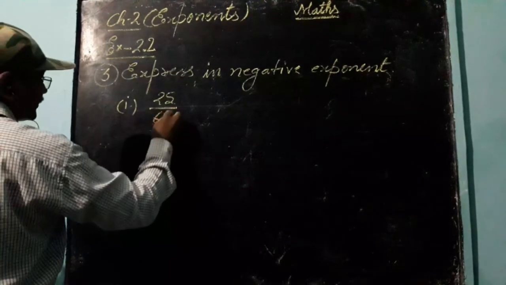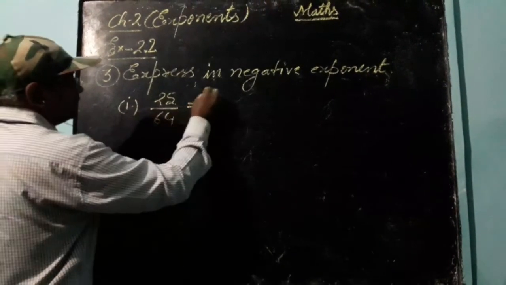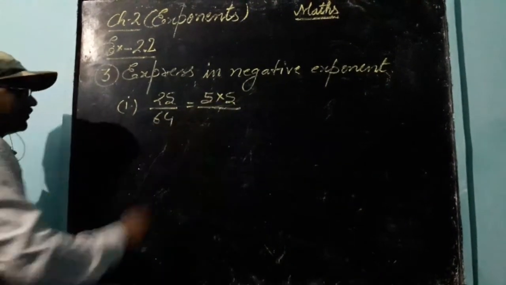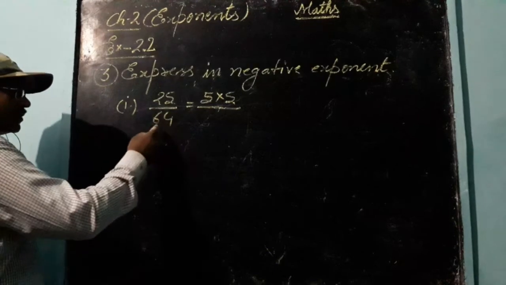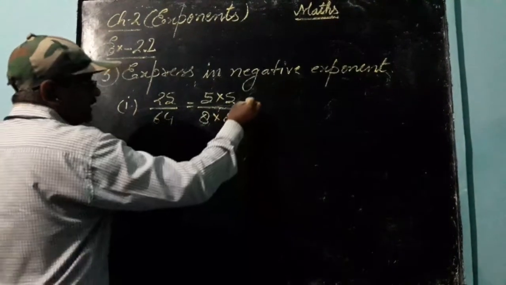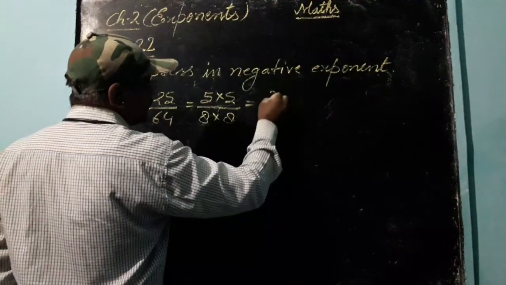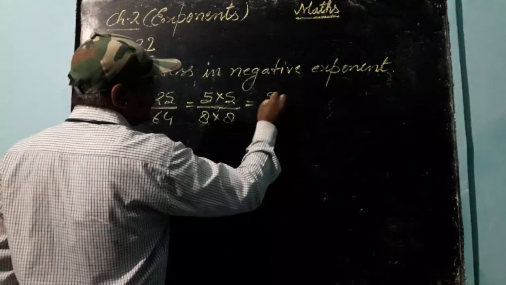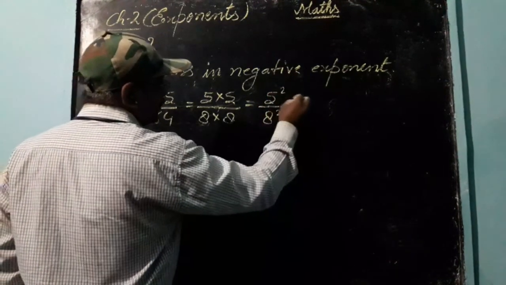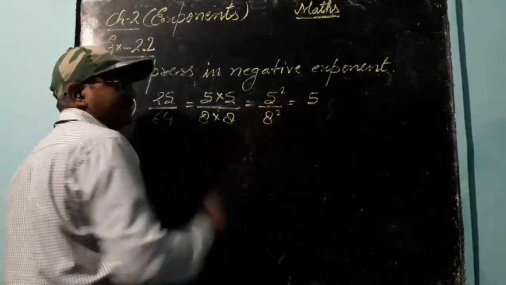25/64. Clear? First of all you will do the prime factor of 25, then you will get 5 into 5, and again prime factor of 64, 8 into 8, and then you will finally get 5 to power 2 and 8 to power 2, and again you will write, powers are same.